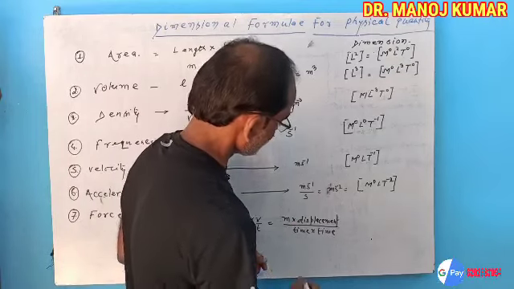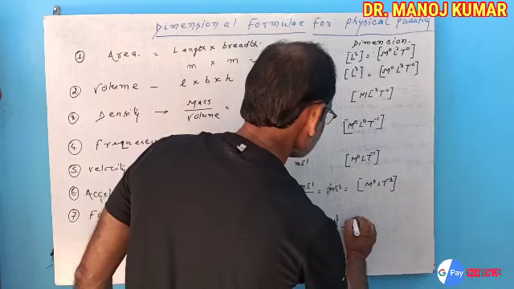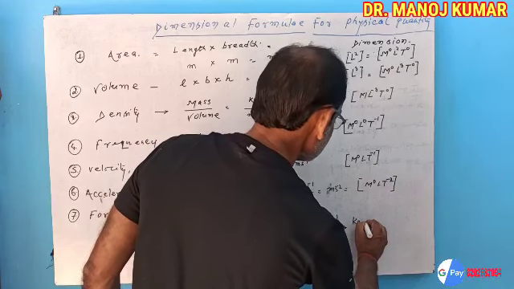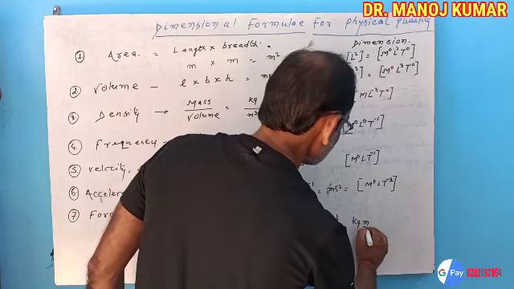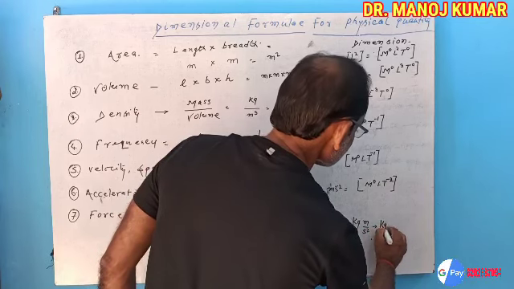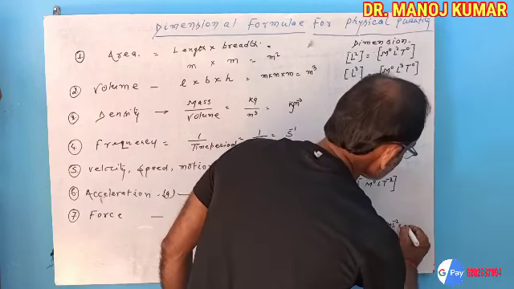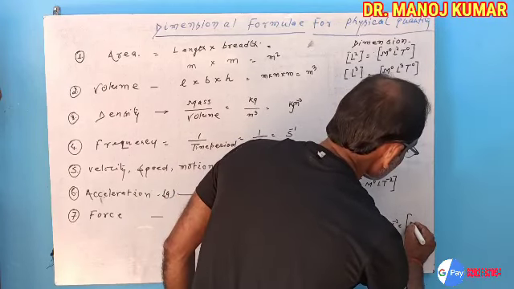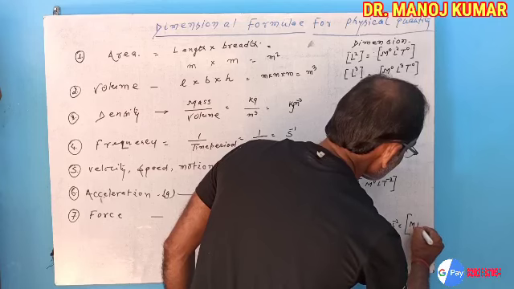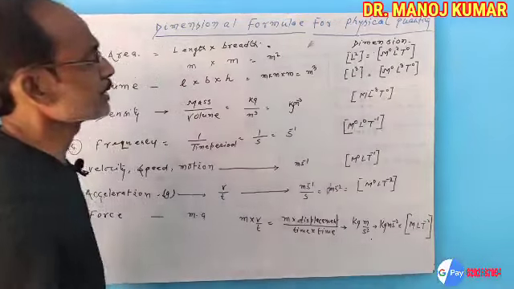If we take its unit, that is kg meter s2, that is kg meter s minus 2, their dimension is M L T minus 2. This is the dimension.